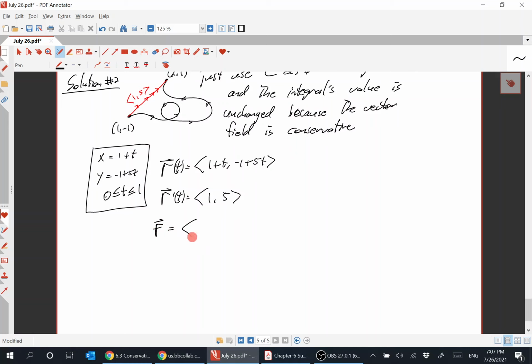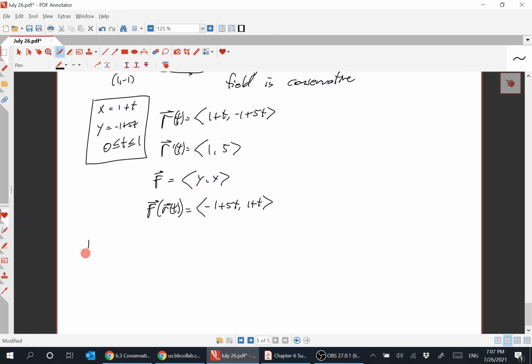F is y comma x. So F of r of t is: y is minus 1 plus 5t, x is 1 plus t. So now the line integral over C of F dot dr is equal to the integral from 0 to 1 of minus 1 plus 5t, comma 1 plus t, dot r prime of t, which is 1, 5, dt.